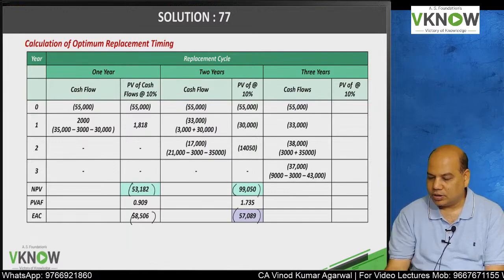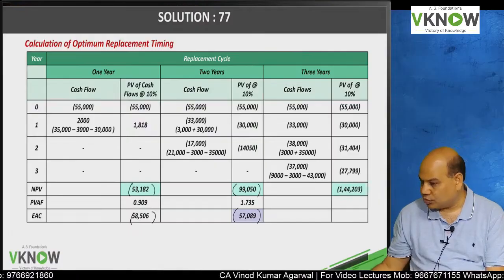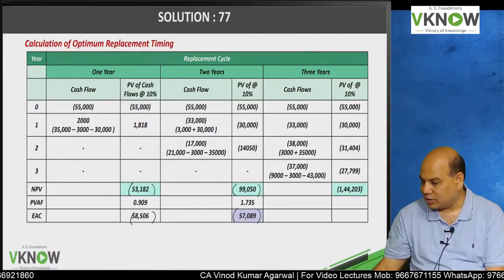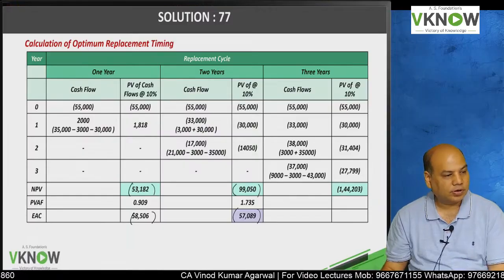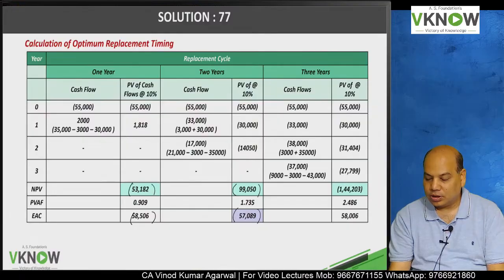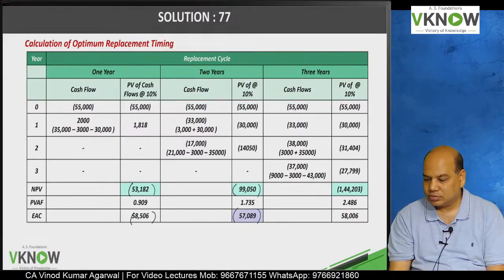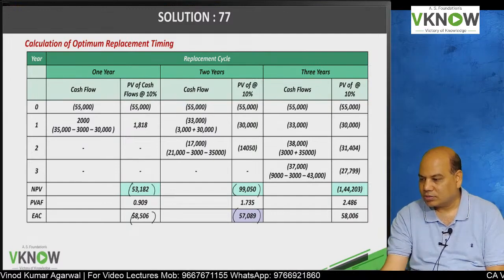So I have received one reply from a student, 144,203, exactly the same answer, very good. 144,203, and then you divide by the annuity factor 2.486, and you will get 58006.